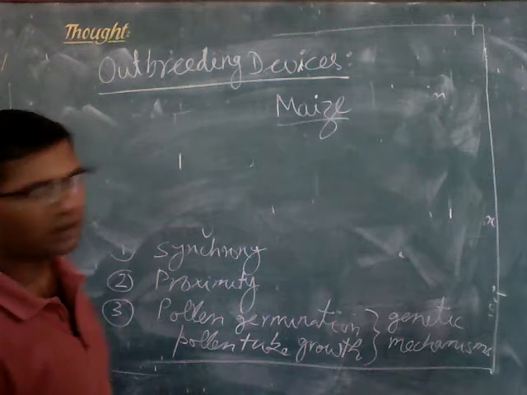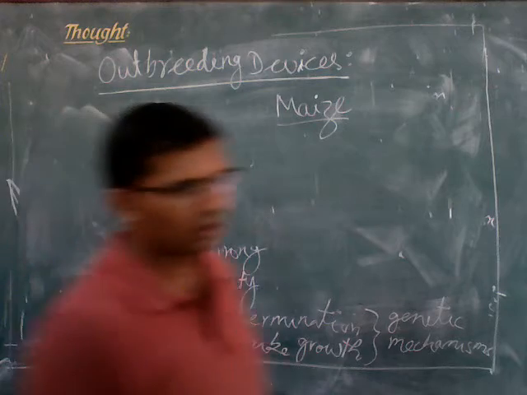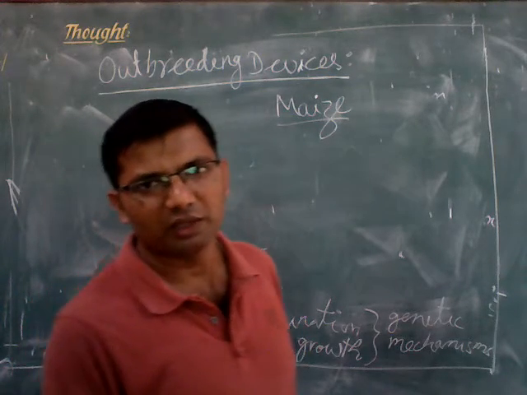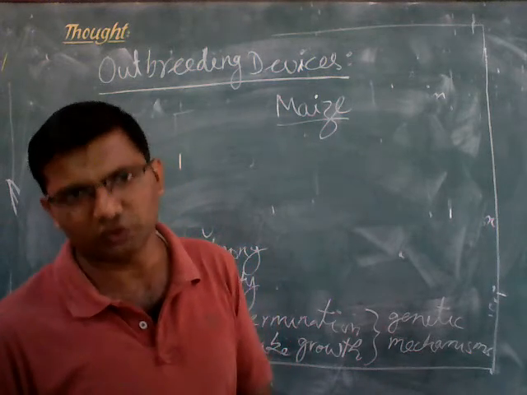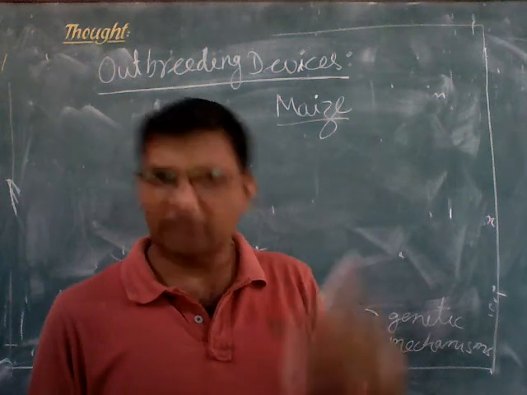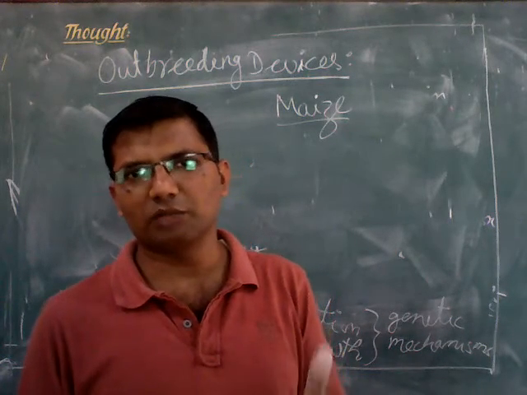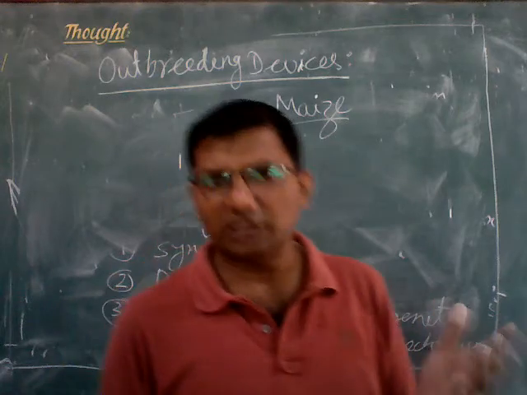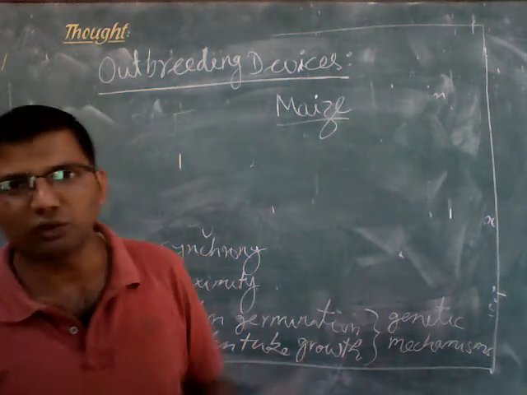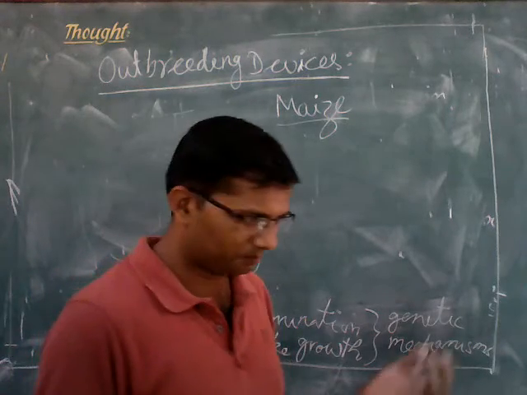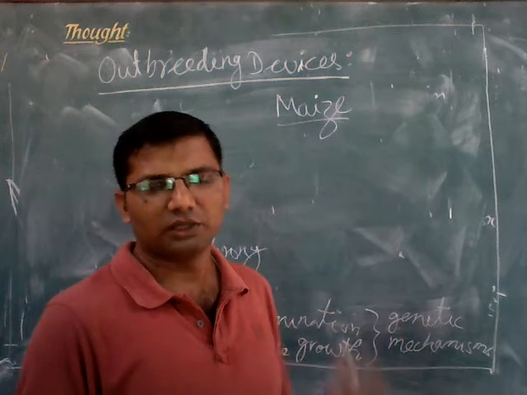But what if there is some other modification? Functionally, geitonogamy is a kind of autogamy. Apparently it looks like cross pollination, but in the genetic sense, it is autogamy.